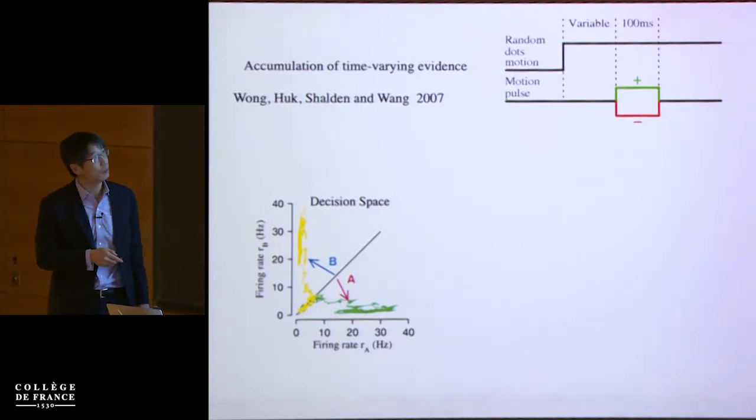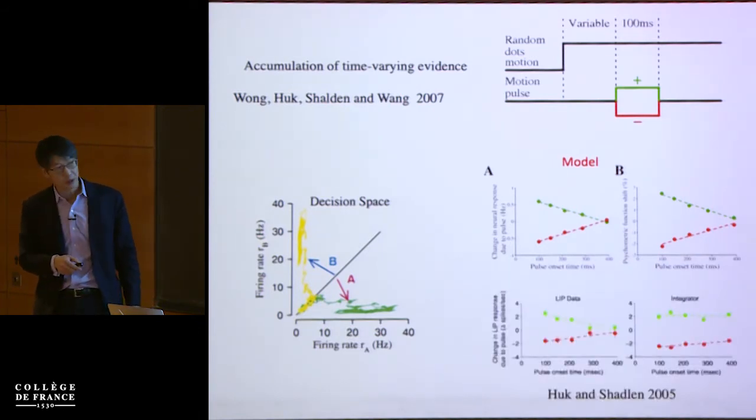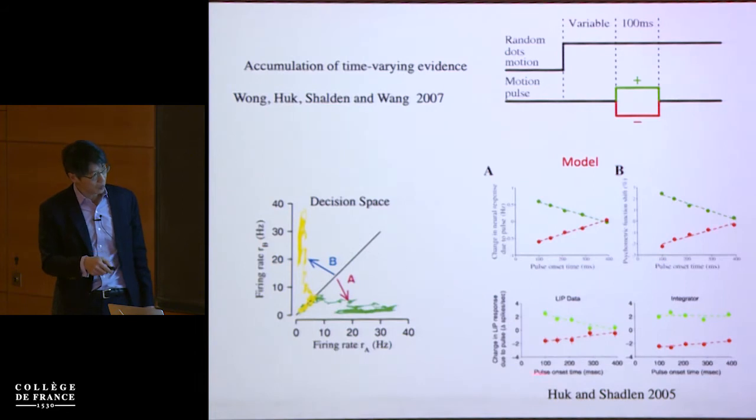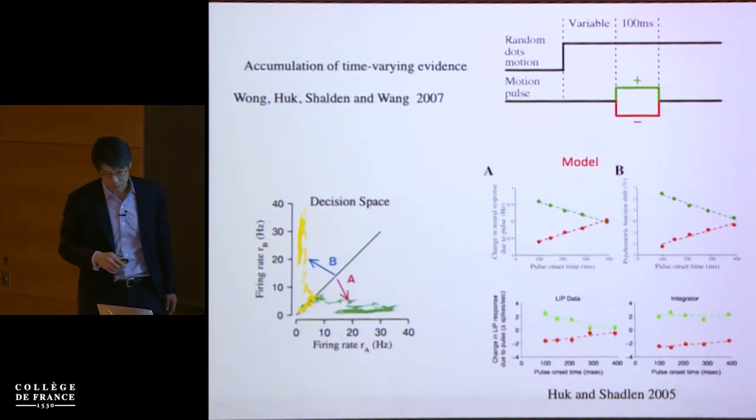So the early perturbation should have a bigger impact. And this is indeed what the model found, both for neuromodulation by the pulse and the behavior influenced by this perturbation. And that's what's found in the monkey experiment as well. I just showed the neuron data, but also at the behavioral level it's the same thing.